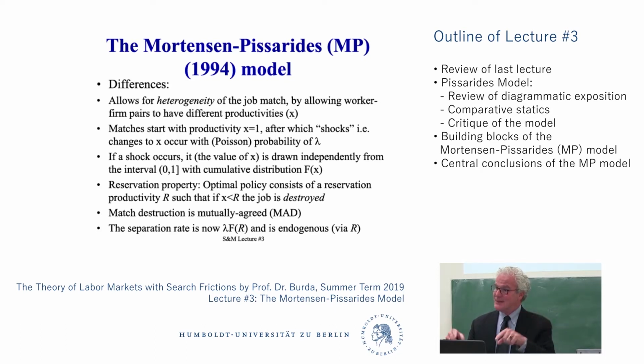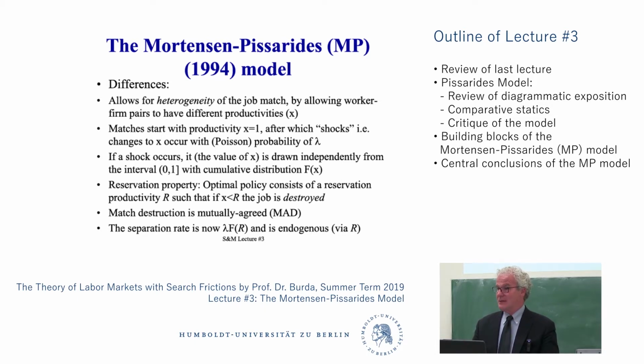So that's what they assume. When you get married, X equals 1. And because they assume that, there is no rejection. Remember, in Pissarides there's no rejection. And in Mortensen and Pissarides in this version, there's no rejection because at the beginning, X equals 1.